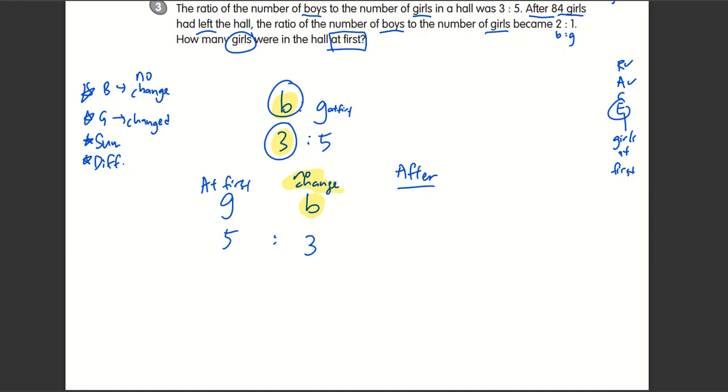After the change, the boys to girls after becomes 2 units to 1 unit. Now, considering that the boys has not changed, I need to turn this into identical numbers, just like how we did the ratio of 3 quantities. The first common multiple will be 6.